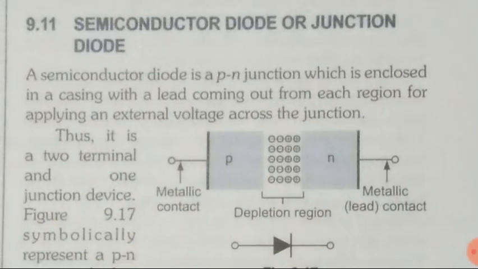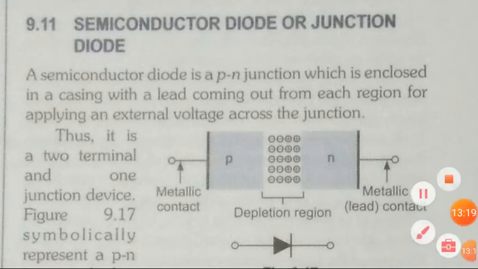Now, what is a diode? When p and n type semiconductors are enclosed in a single casing, it is called a diode. A semiconductor diode is a p-n junction which is enclosed in a casing with a lead coming out from each region.